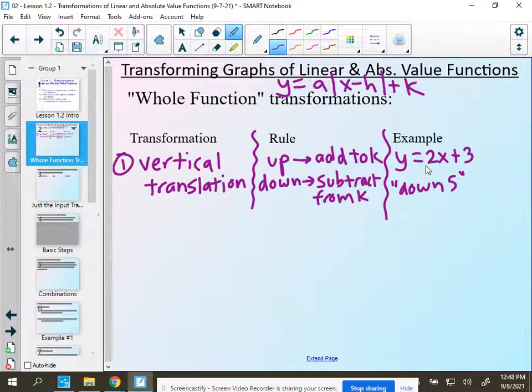What's the rule? Down, subtract from k. So on that 3, we're going to subtract 5 from that 3. So the resulting function would be y equals 2x minus 2. 3 minus 5 is negative 2. There we go.